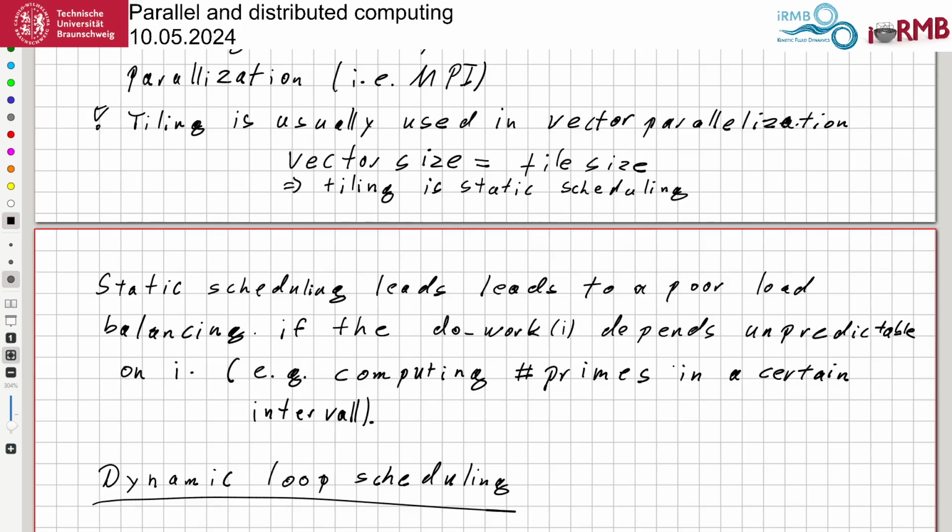In our skyscraper building, somebody has done his or her assignment and goes back to the master and asks, I've done my work, is there anything else to do? Then the master looks in his papers and says, okay, we still have to do this, now you do this, and makes a mark in his paper: now I have assigned this work to somebody.